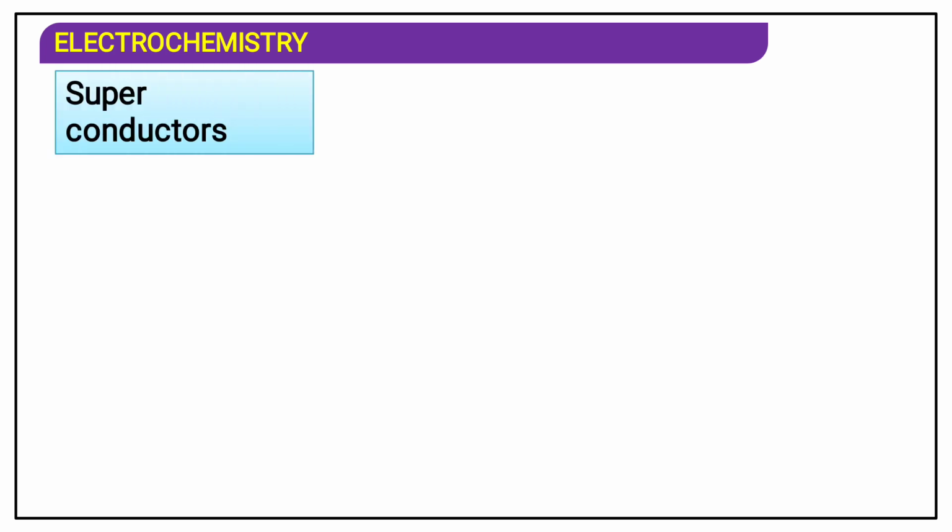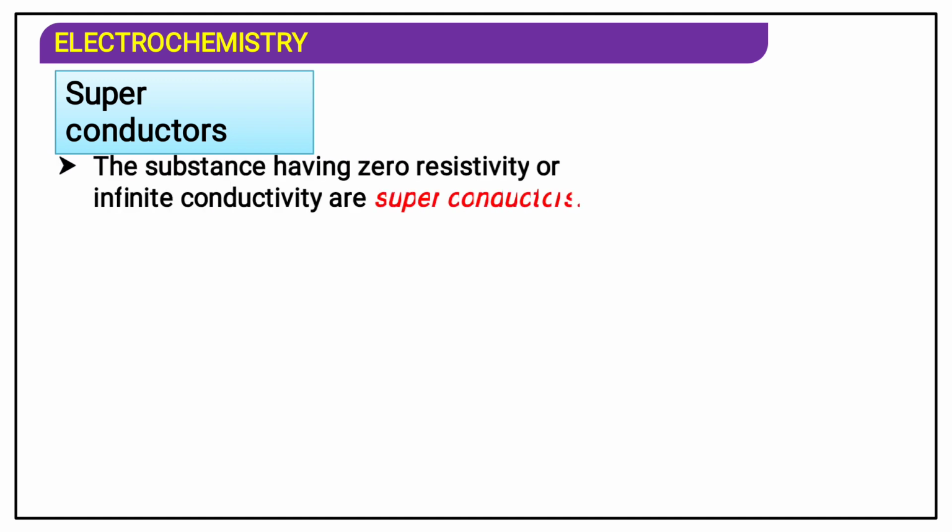Next, let us study a little bit about superconductors. What is the meaning of superconductors? A substance having zero resistivity, which means there is no resistance, means the conductivity is very high. It always conducts; there is no resistance to conduct, no stopping, nothing opposing the conduction of electricity.